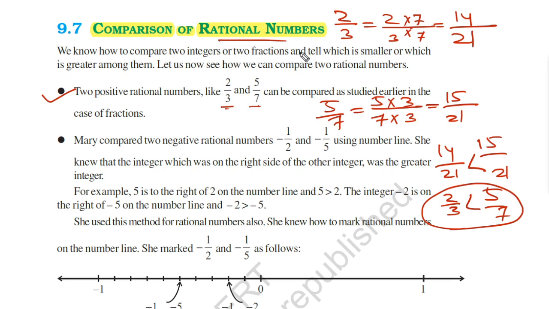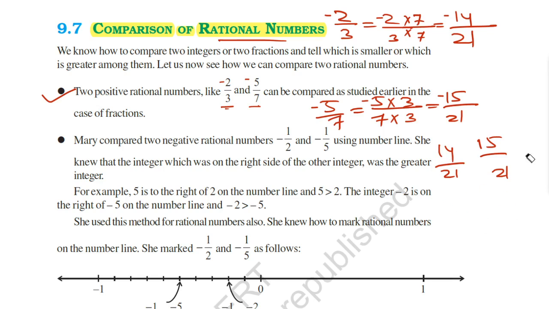Now if these numbers are negative, then what will happen? Suppose these are negative: minus 2 by 3 and minus 5 by 7. You just put negative signs, minus here and minus here, and here the story will change a little bit. What will change?